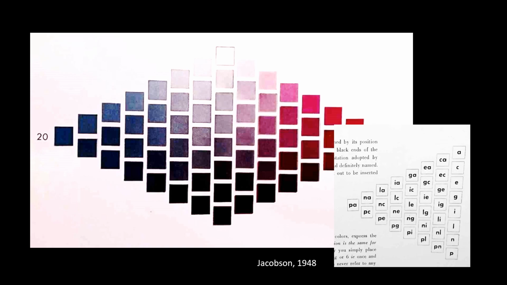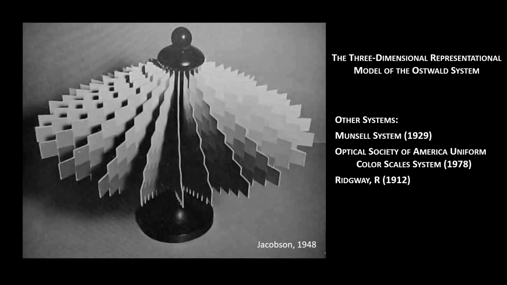And if you take the aggregated components of the color wheel and value triangles and arrange them around the polar axis, you wind up with a three-dimensional solid figure, and this is the Ostwald system of color definition.